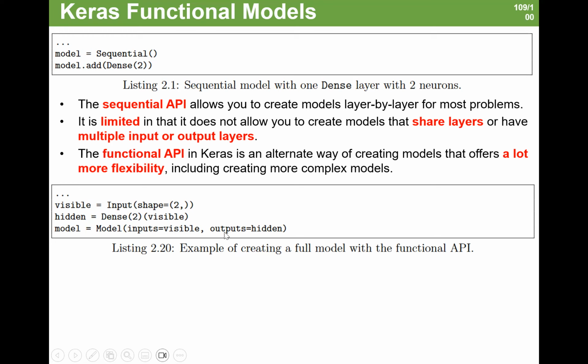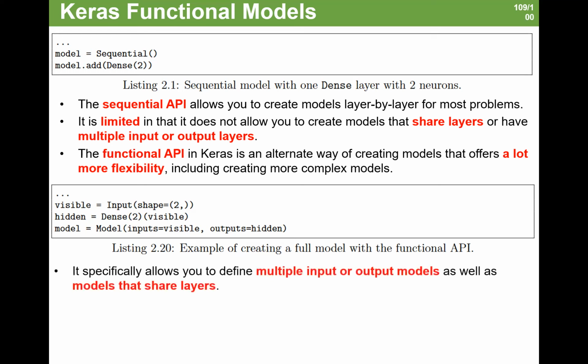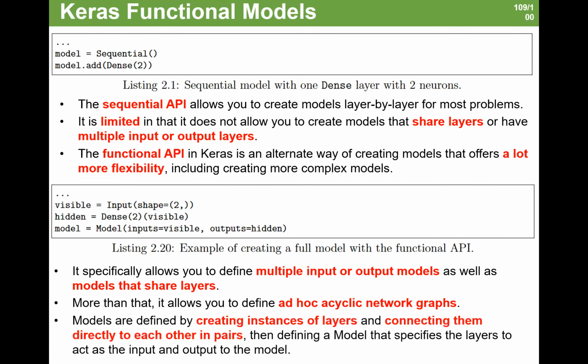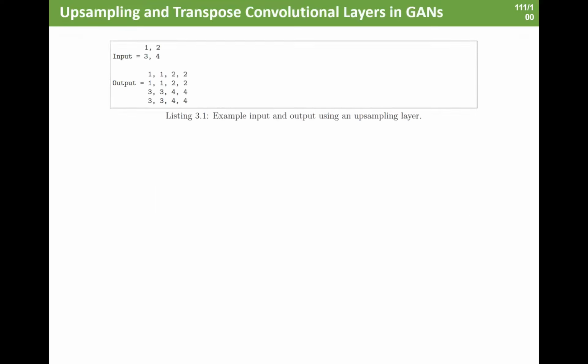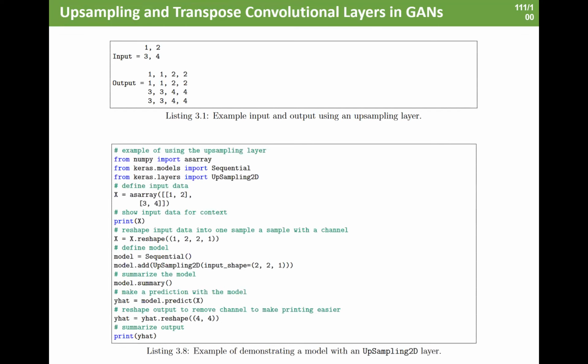If you want connections, like a U-Net has connections between layers, multiple inputs, or models that share layers, you can have all kinds of crazy ad hoc networks. So U-Net, yeah. Here. Upsampling.